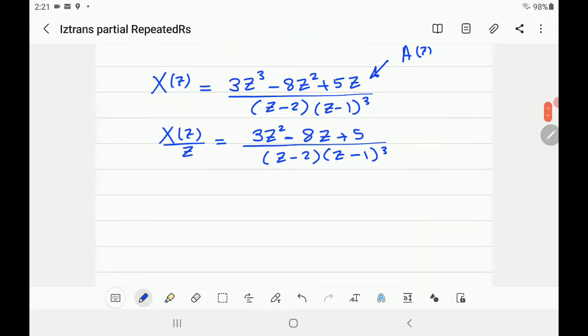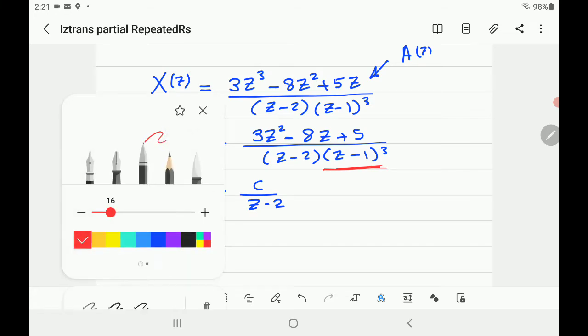Now I will do the third step for partial fraction. So you have z minus 2, put here constant c. Now this is a new thing. The new thing now, we have z minus 1 to the power 3. So how should we write this?